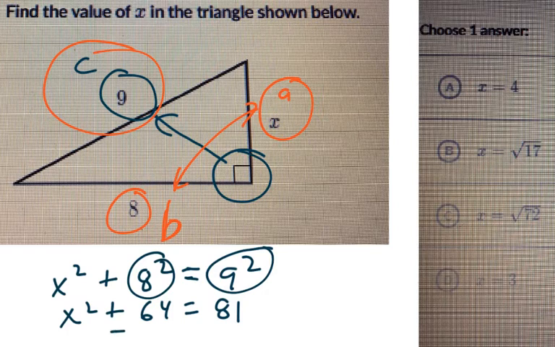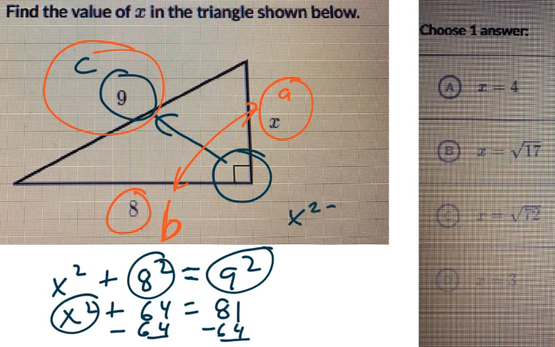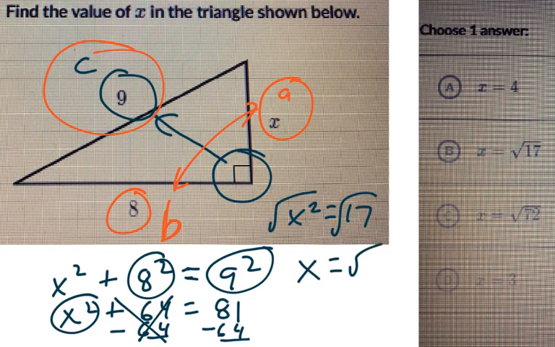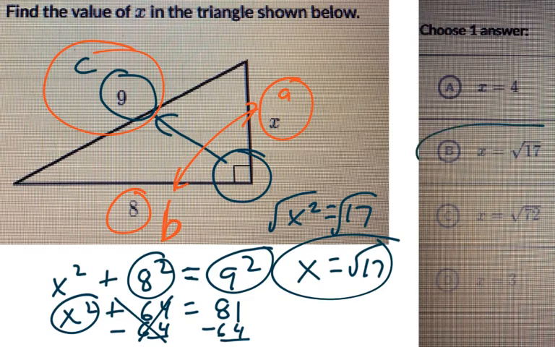Notice this time I have to minus 64 so that I can get X squared. So X squared is going to equal, 64 cancels out there, 17. So once I take the square root of X squared to get X, my answer is the square root of 17, which is right there, answer B.